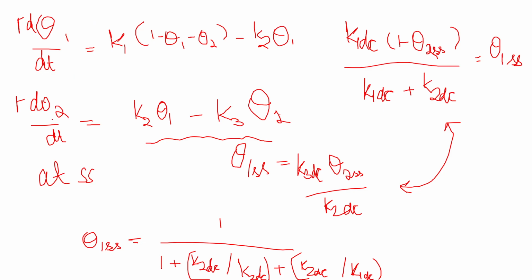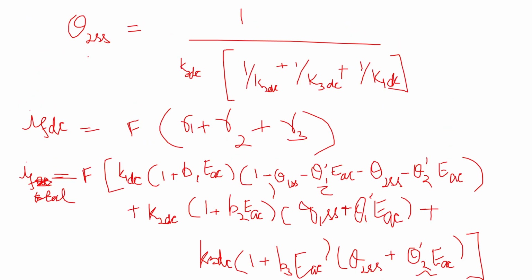Again, d theta 2 by dt is nothing but j omega gamma theta 2 dash. Substitute it, cancel off all the constant terms and the EAC square terms, equate the terms, segregate the terms having EAC in it, and once you rearrange it, you will get the equation for theta 1 dash and theta 2 dash. If you substitute it, you will get the final equation for IFAC.